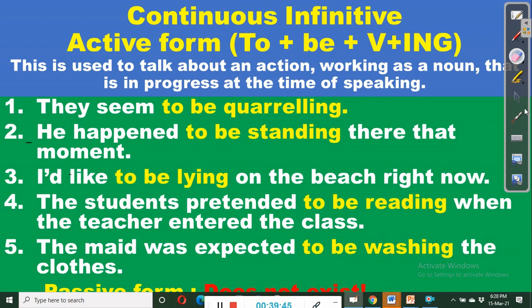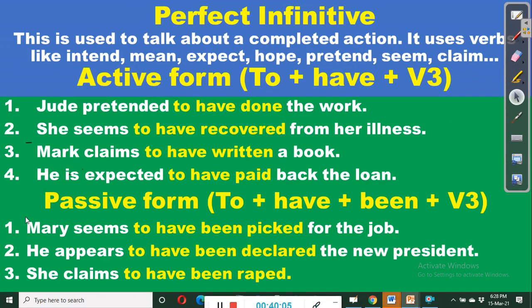Now, so far, we have been able to understand what an infinitive is. We have looked at the various forms of infinitives. Then we have been looking at how these various types of forms of infinitives are used in English sentences. Now, let's proceed to look at the last form of the infinitive, and that is the perfect infinitive.